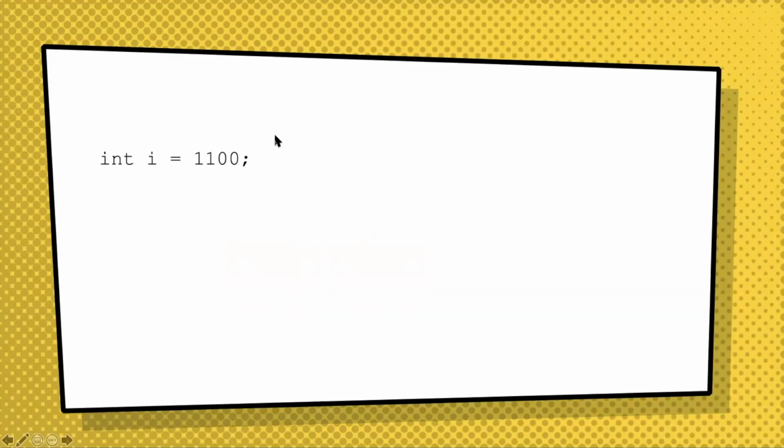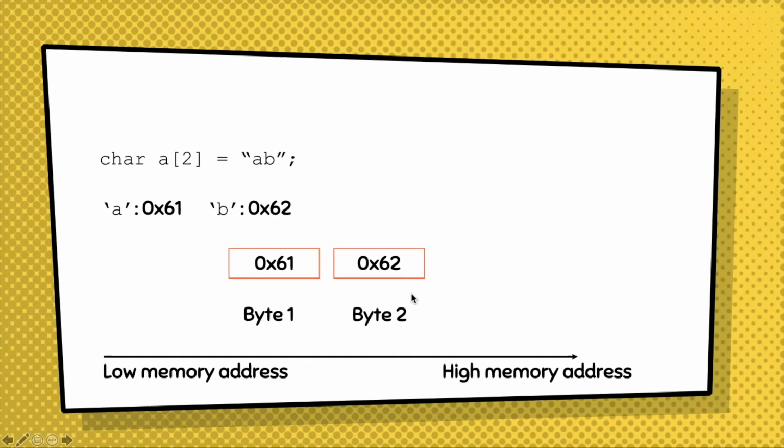Actually, let me explain this a little bit more. If we look at the first byte, this is hex 61, and the lower part is 1. So if we look at the low memory address here, it will first start with these 4 lower bits, which is 1, and then the second will be hex 6.